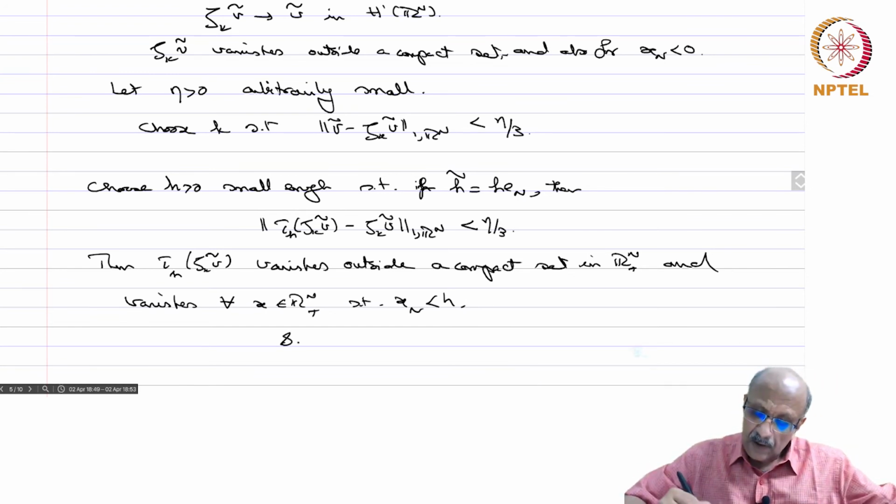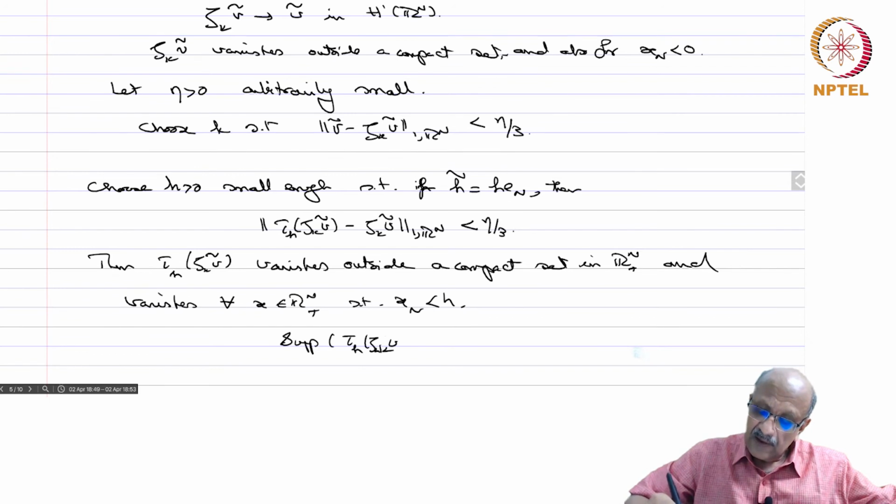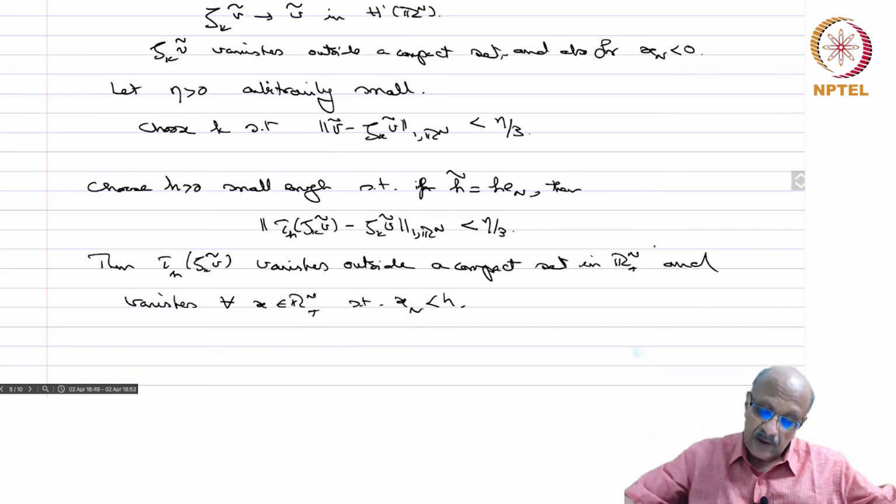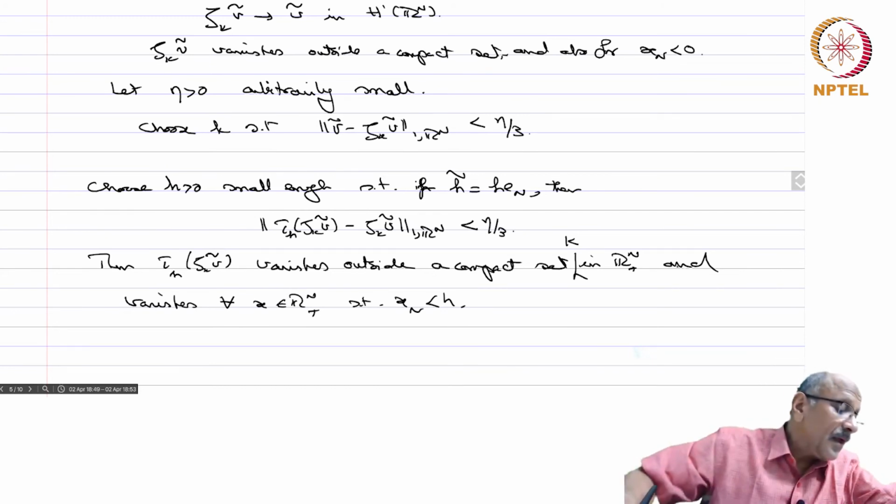Let the support of tau h zeta k V tilde, okay, I won't call it support because it's not a continuous function, be outside a compact set K, let us take.